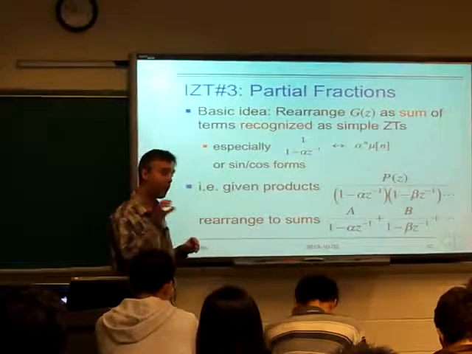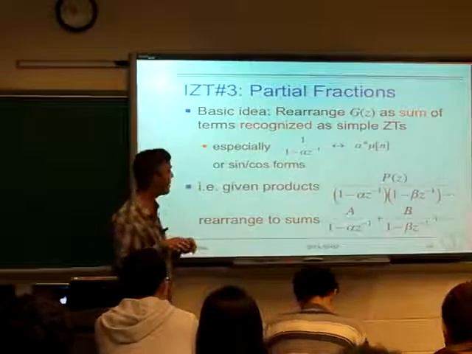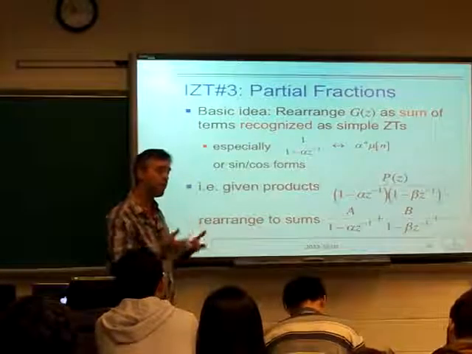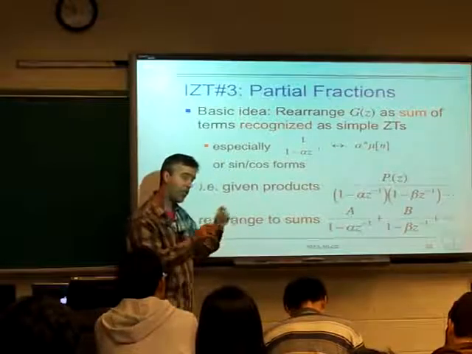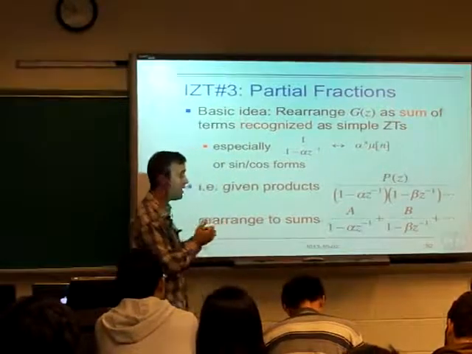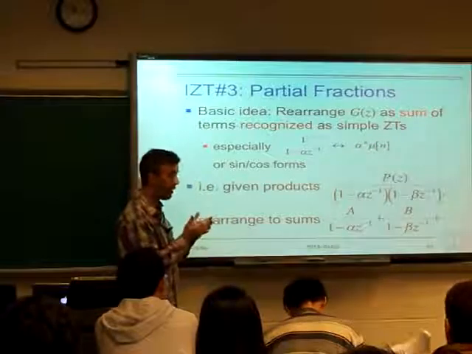But typically, it will be the product of various poles and various zeros, because that's the way we like to think about it, in terms of understanding the shape of the Z transform surface and the Fourier transform.